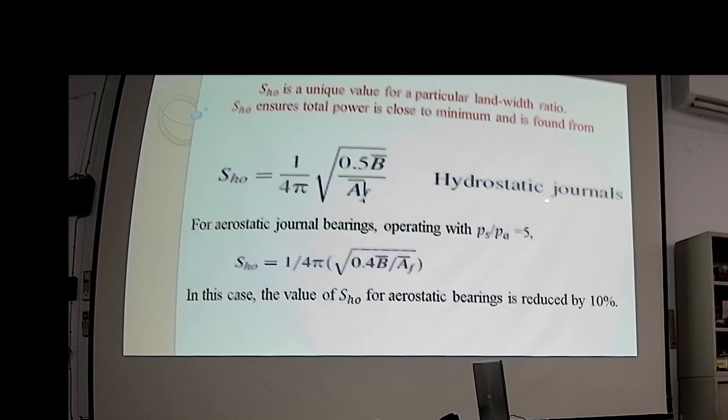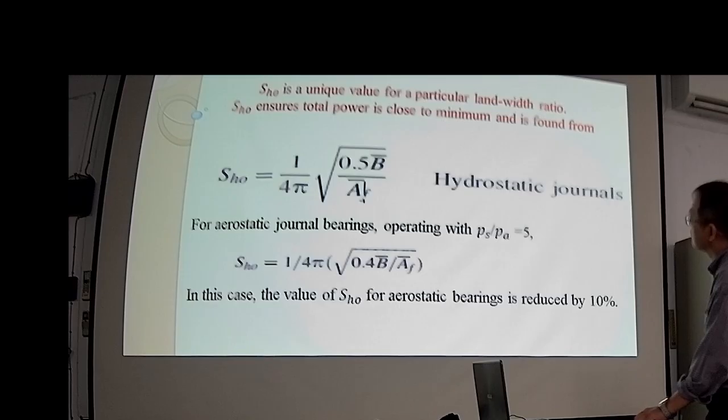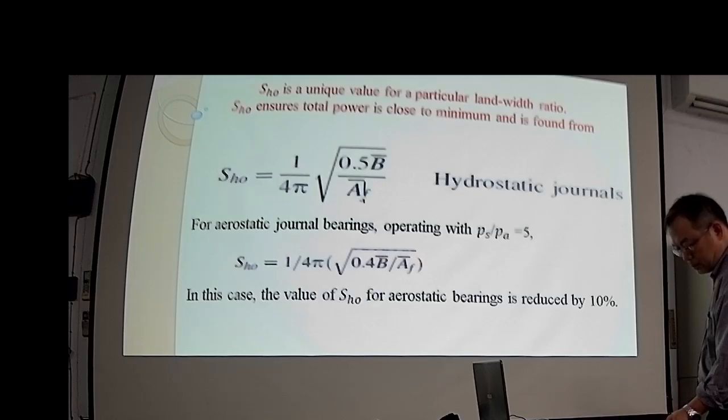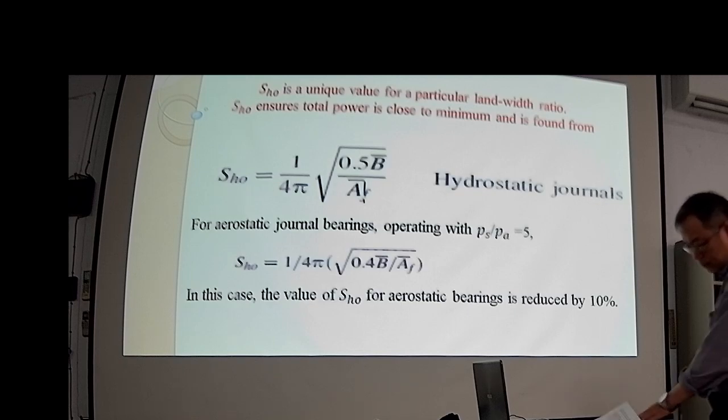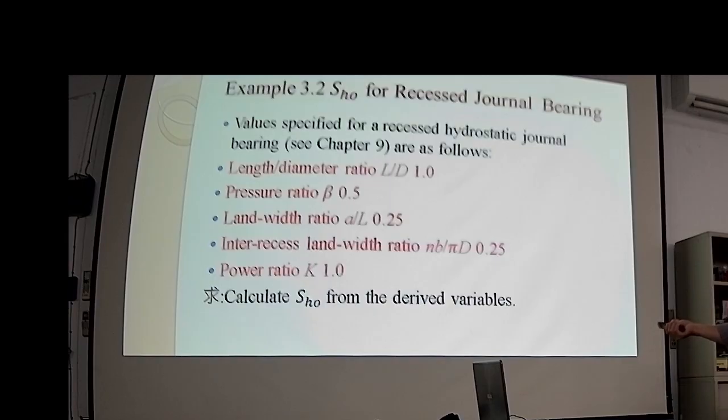For the optimum. So we have the example in page 61, example 3.2 to calculate the essential for the two-step Kelvin variable.